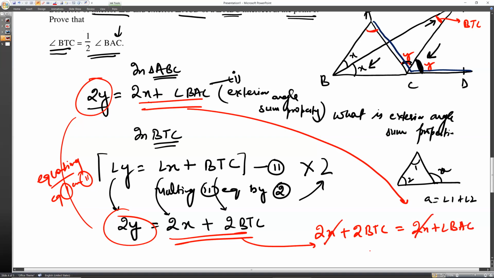The x and x will cancel out each other, and this 2 will go to that side. You will get angle BTC equal to half angle BAC. This is how you need to solve this question.